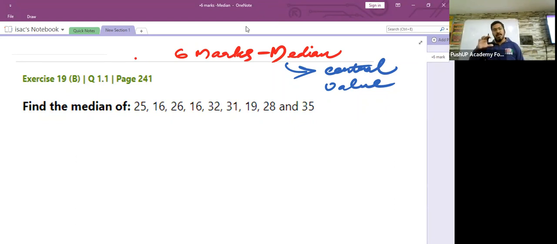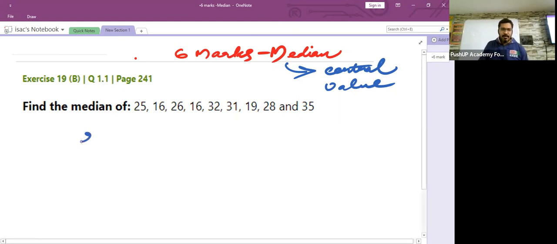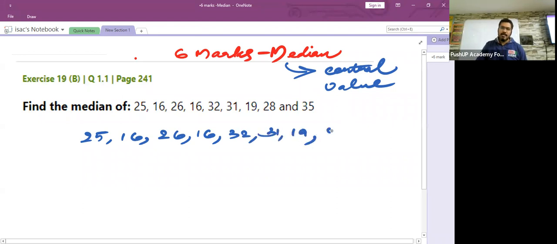Now, what is the practical approach of understanding what is a median? Very simple, children. If you notice, they have given us raw data over here: 25, 16, 26, 16, 32, 31, 19, 28, and 35. Isn't it?